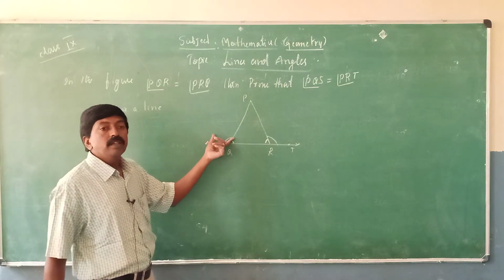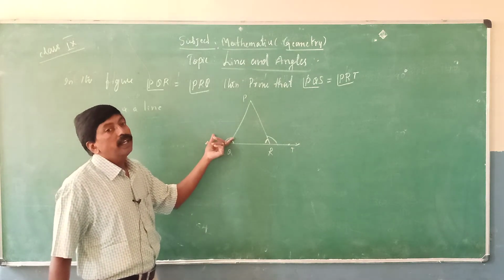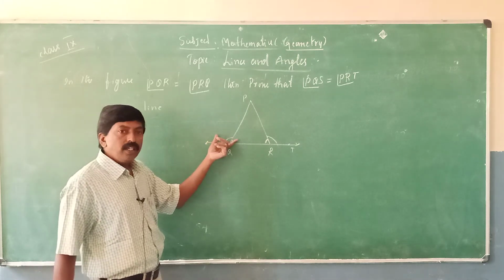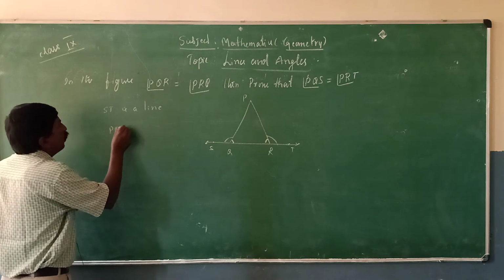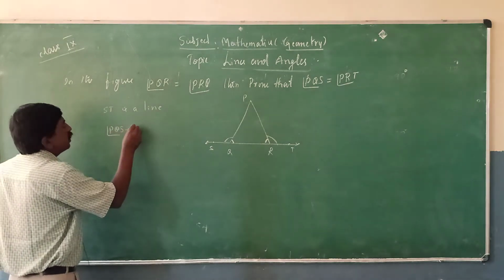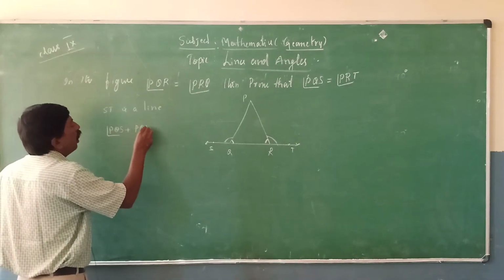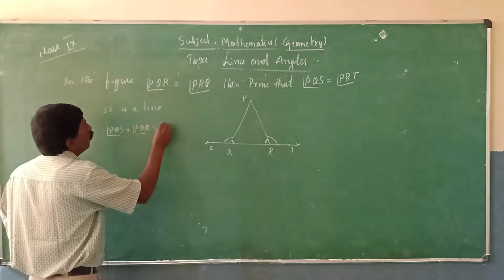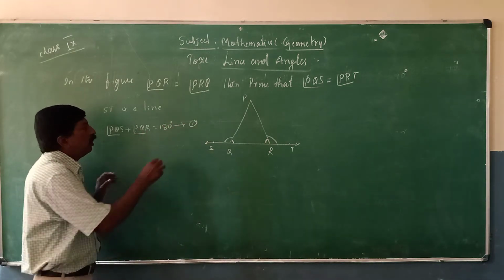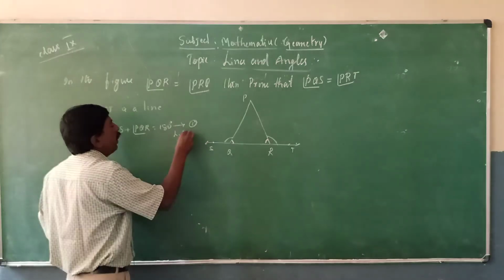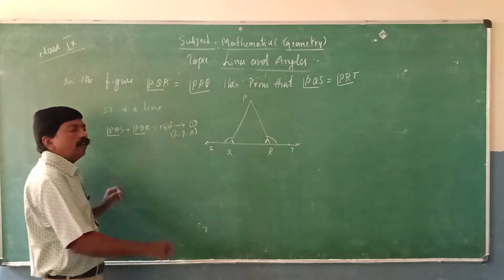Yes, that is 180 degree. Therefore, PQS plus PQR is equal to 180 degree. Call this as equation 1. The reason is linear pair of angles. Look at once again.